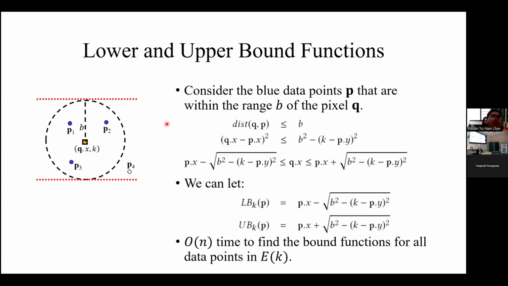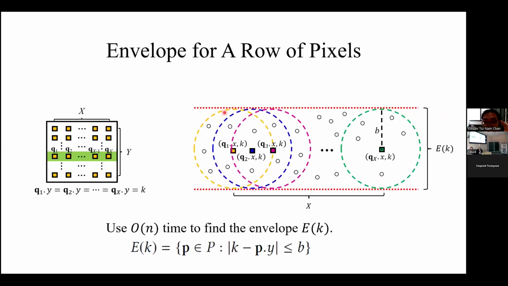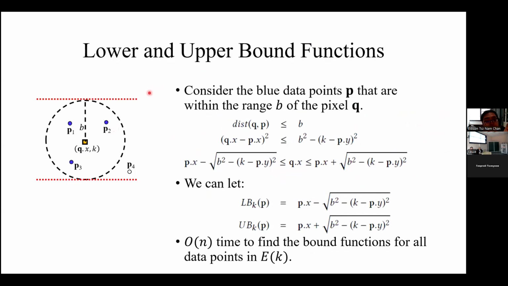So after I have this set E_k, we can have this lower and upper bound concept. Let's say we consider all the blue data points here, and those data points are within the range B. We can decompose it because this is Euclidean distance.